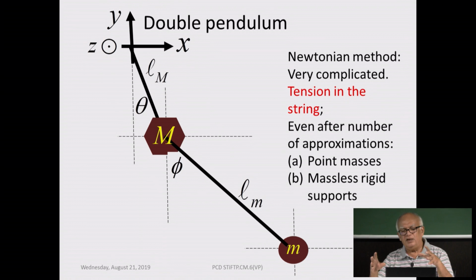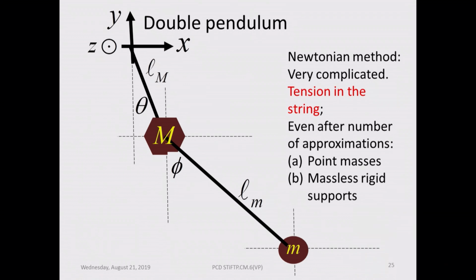We will also assume that there is no mass in the rigid supports, okay, in the rods which are holding these masses, okay. There is no mass distribution over it, so they are practically massless, you consider that mass to be 0. And even with these approximations, these are gross approximations, this is obviously not a real system.